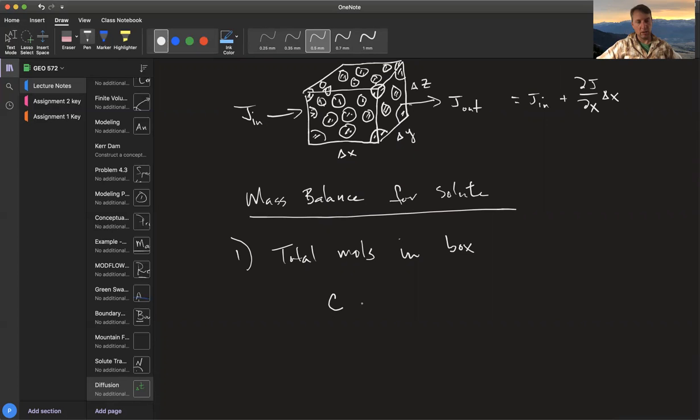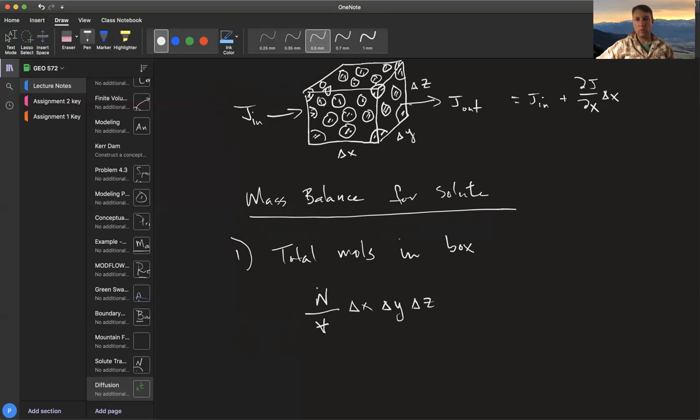Let's start off this way. The total moles in the box would be the number of moles per volume of the box times the volume of the box, delta x, delta y, delta z.